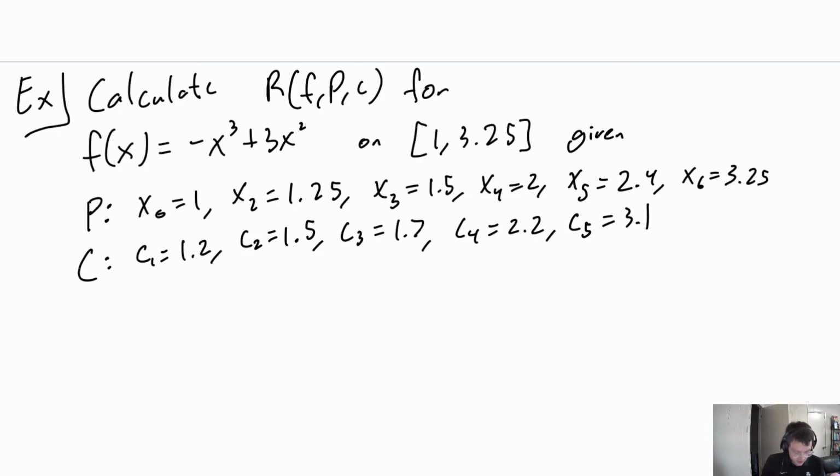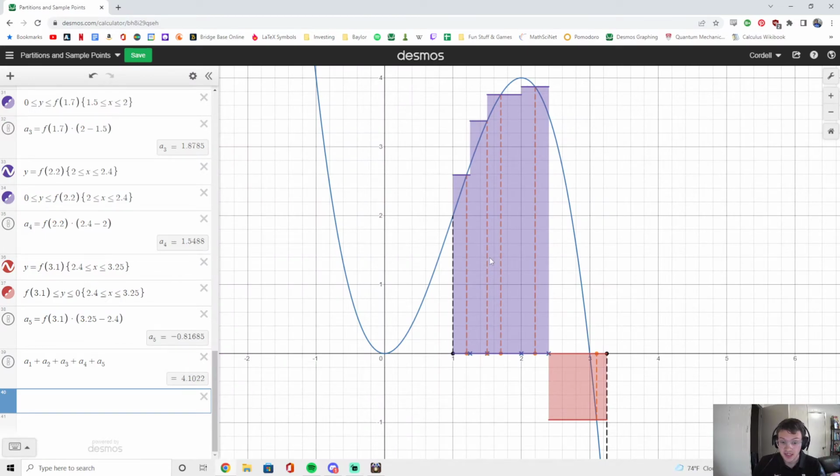For each of those subintervals, we pick a sample point. In this case, the sample points are given to us. And then we can calculate the area of those rectangles, whose height is f of our different sample points, and whose base length is the length of the subintervals. So the problem written here on screen is exactly what we just did.